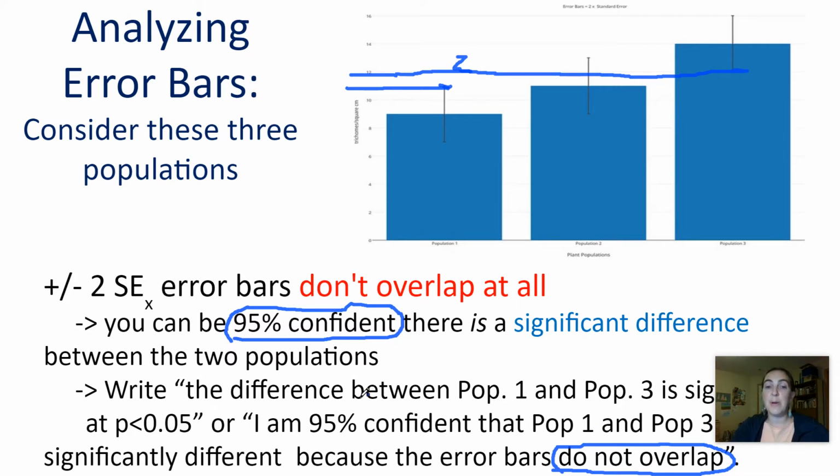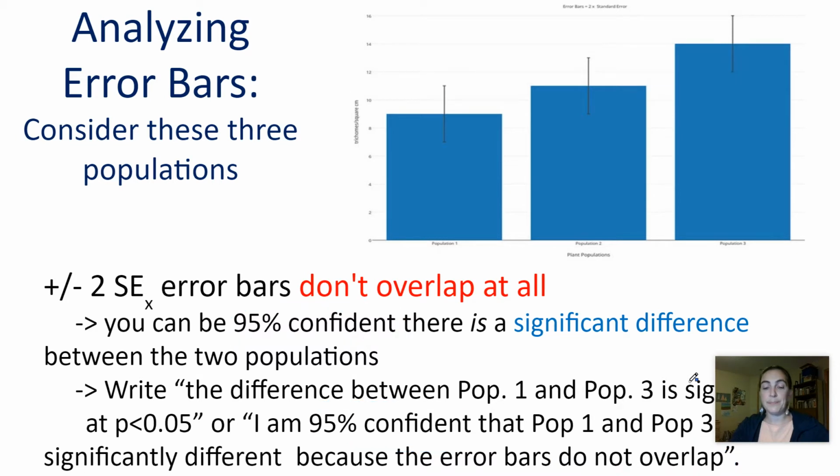The difference between population 1 and population 3 is statistically significant. Or you can say, I am 95% confident that population 1 and 3 are different because the error bars do not overlap. Like I said, these are the two key phrases to put in your brain when you're writing about error bars.